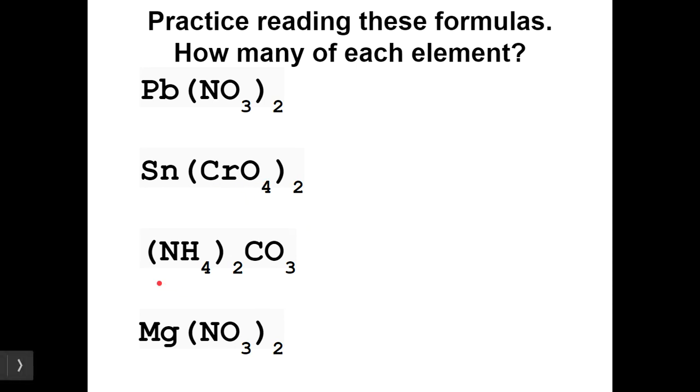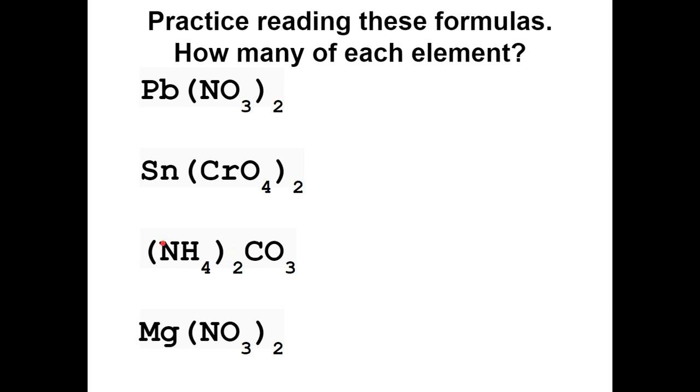All right. For this one now, don't be frightened, because the parentheses are just at the beginning, and it doesn't matter, it acts the same way. Okay. So there's 2 ammonium groups. So inside the parentheses, there's 1 N and 4 H's, but then it's the parentheses. So you've got to multiply everything by this 2.